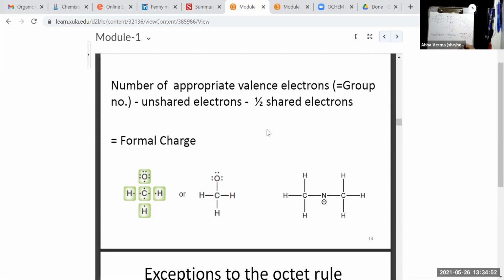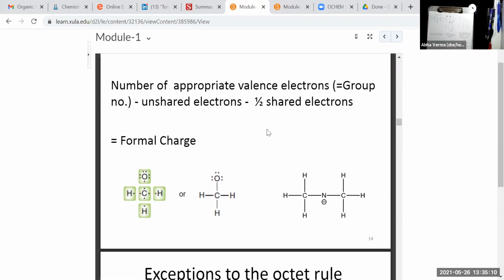And all of this has to be subtracted by the unshared electrons of the atom in the structure.